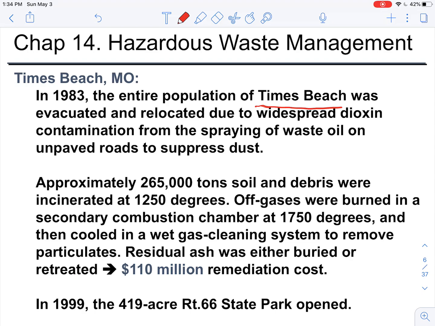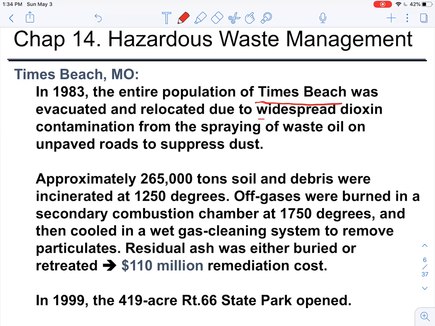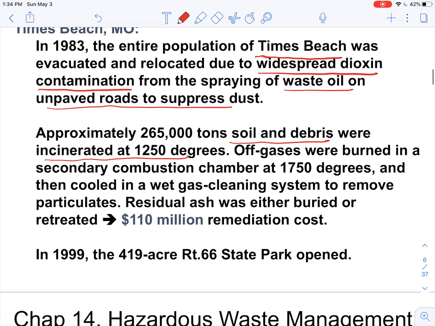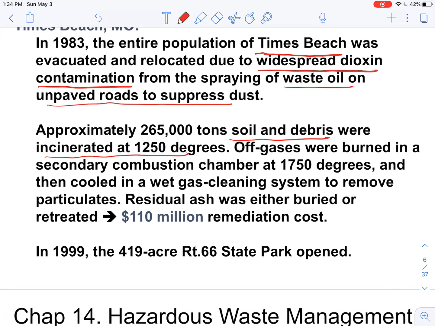They were evacuated from this city and relocated because of the widespread dioxin contamination from spraying waste oil on unpaved roads to suppress the dust. A lot of these oils and debris were incinerated at high temperatures, around 1250 degrees. If these oils contain chlorine, they can generate dioxins.